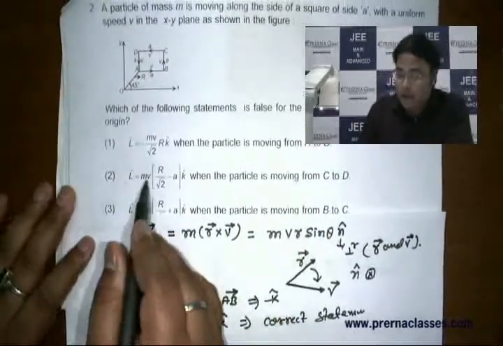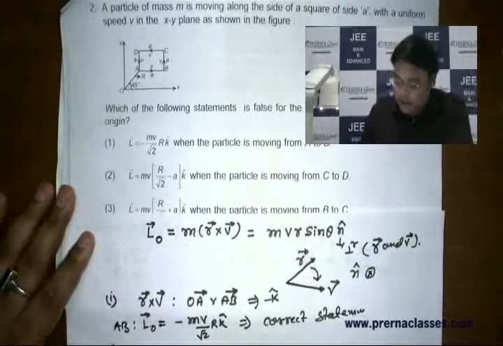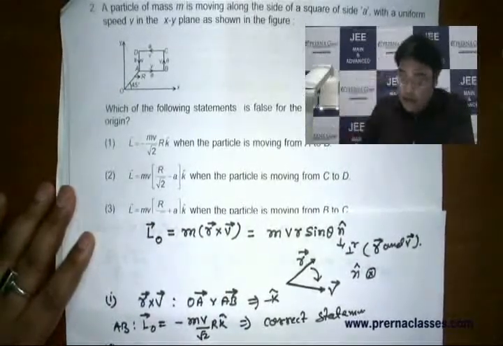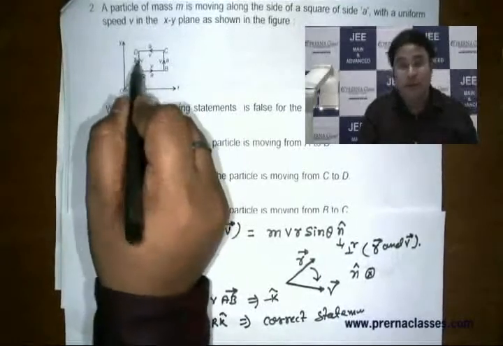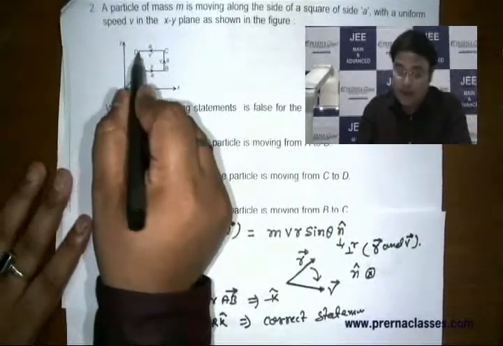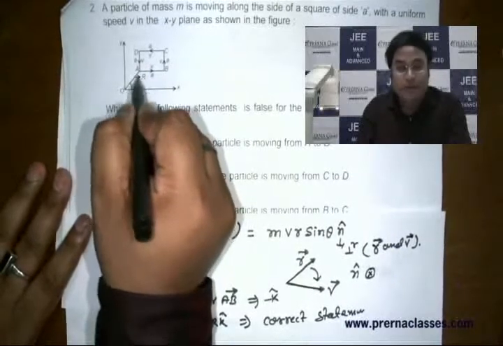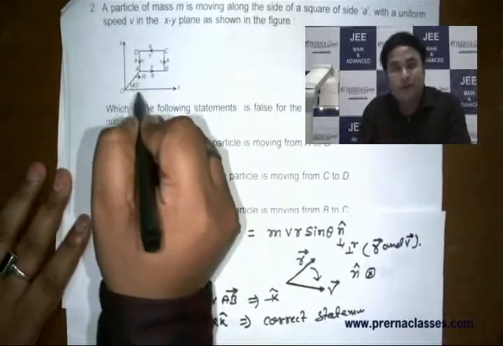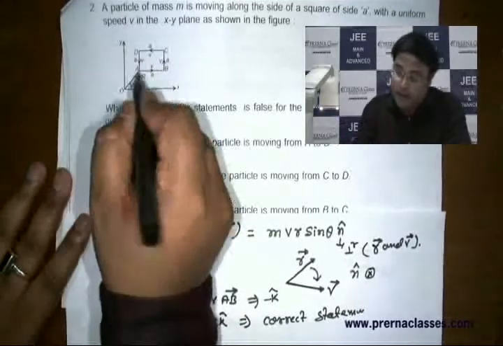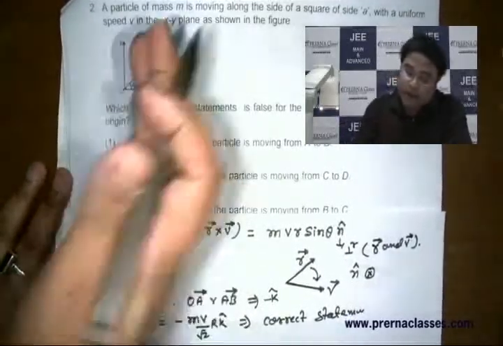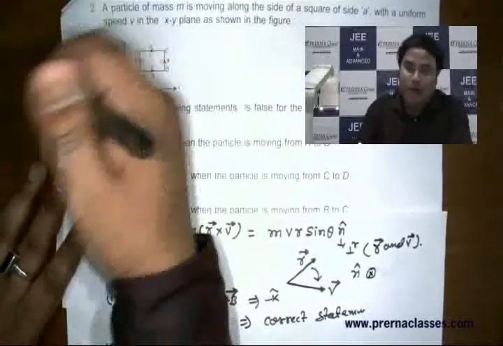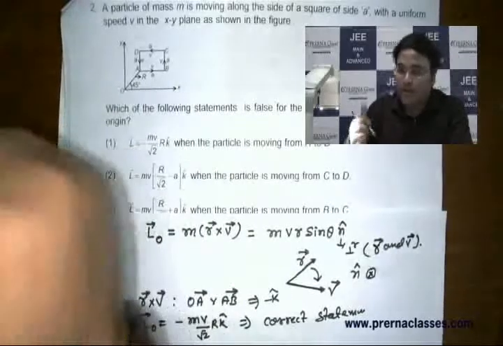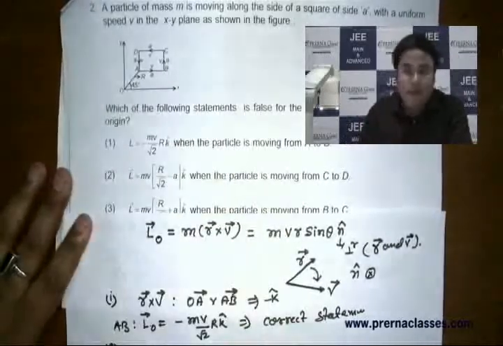Now check option B, that means the second option, here for C to D. If you consider the particle moving along C to D, what will be the perpendicular distance? The perpendicular distance here is R sin 45, so you may write it as R by root 2. Clear? What will be the direction? Again for C to D, the R vector is in this direction and V along this. If you apply the cross product, then the thumb comes outside the plane, so along the positive z axis.